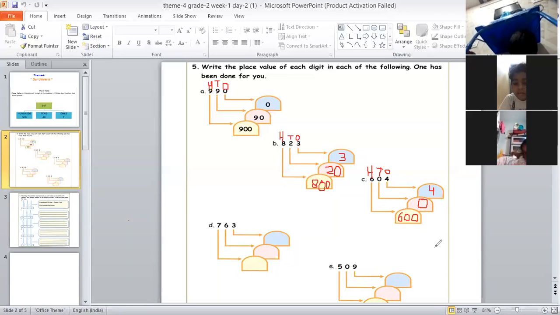Bit D. 763. Okay, so tell me what we'll write in the first box from bottom to top. 7. Yeah. So we'll write only 7 here.